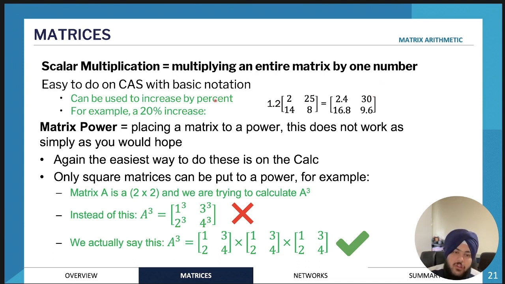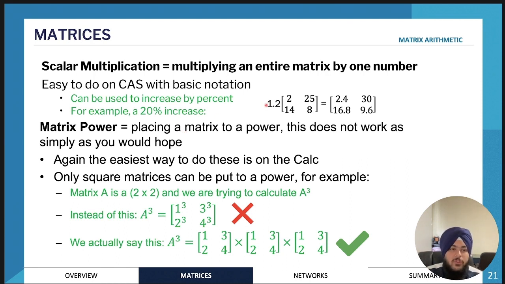However, if this was a matrix multiplied by a matrix, then that would be matrix multiplication, and you would have to use the other method that we just went through a few slides back. When you're doing scalar multiplication, all you need to do is multiply each element by the scalar. Here the scalar is 1.2, so you'll need to multiply each element by 1.2, and that will be your product matrix.